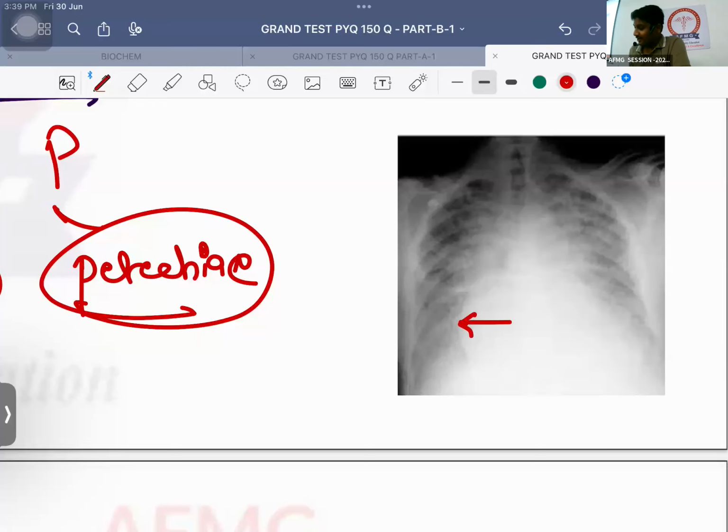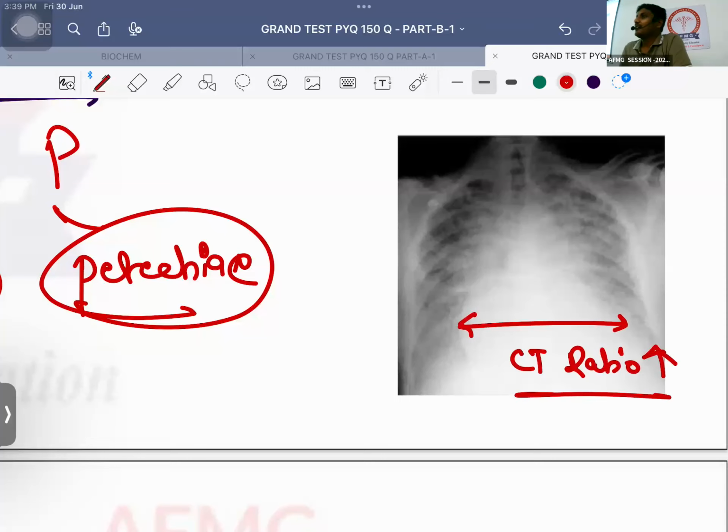Very good. The cardiothoracic shadow is more. If the cardiothoracic shadow is high, that means there is cardiac enlargement. If there is cardiac enlargement, that means the heart is suffering from congestive heart failure, and due to congestive heart failure the blood is not able to pump. Okay, and as the blood is not able to pump, where does all the blood remain? In the lungs. And when all the blood remains in the lungs, the patient develops pulmonary edema. But is this cardiogenic or non-cardiogenic pulmonary edema? Cardiogenic. Why? Because it is occurring due to heart failure.